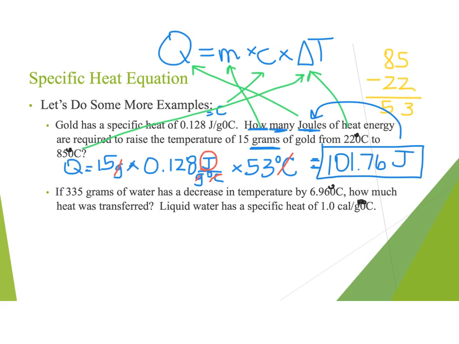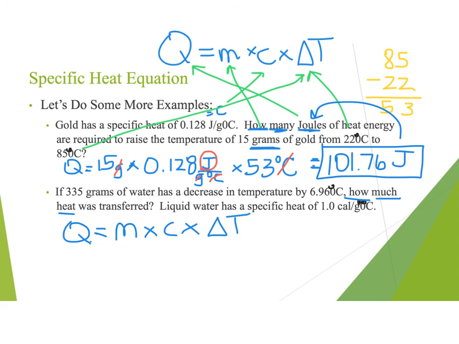Okay. All right, so this is worded a little bit differently than the two that we've seen before, but it's still asking the same question. How much heat? Those three little words. How much heat? And so that is going to be our Q. All right, so Q equals M times C times delta T every time.